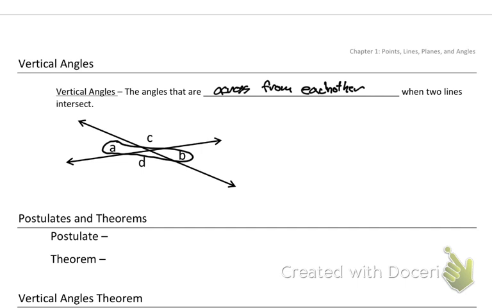So we can say angle A is congruent to angle B because they are vertical angles. Do C and D look like they're across from each other? Yeah, so C and D would be equal to each other. So we could say angle C is congruent to angle D because they are vertical angles.